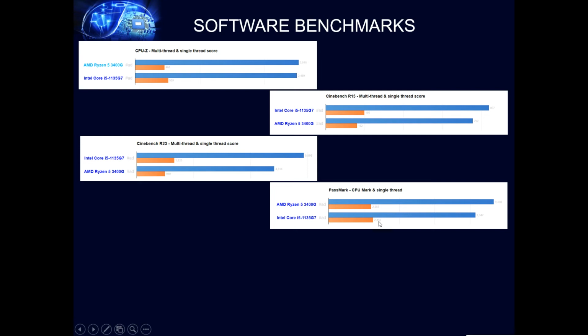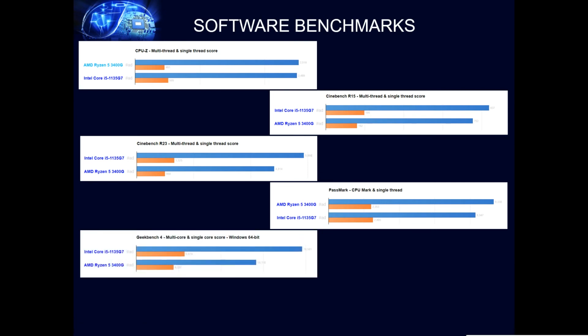But in single thread, Intel Core has a slight advantage with 2,495, with Ryzen having 2,353 only.